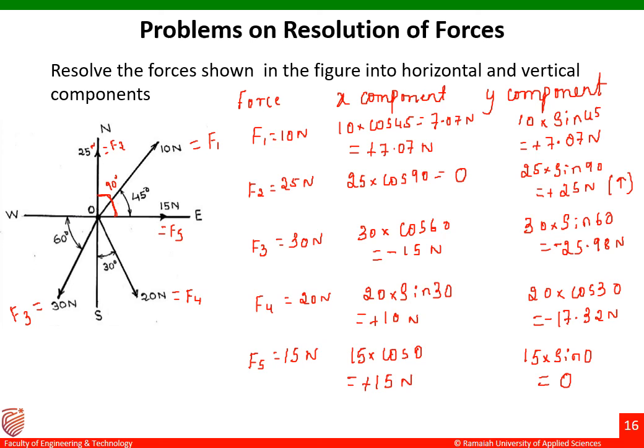And then we have to identify in which quadrant the forces are acting, whether in the first quadrant, second quadrant, third quadrant, or fourth quadrant. If they're acting in different quadrants, we have to identify the sign of each component, that is Fx and then Fy. This is how we have to do the resolution of forces for the given problem.